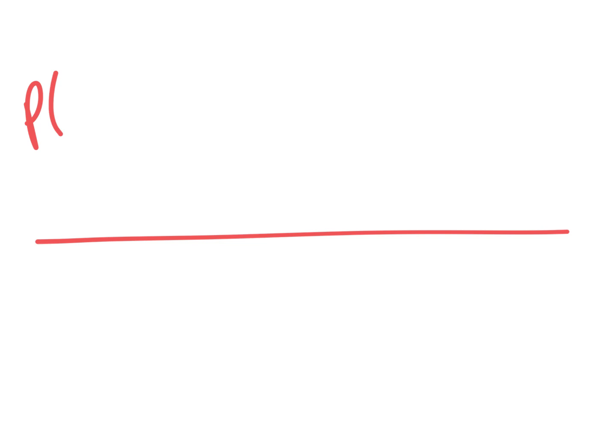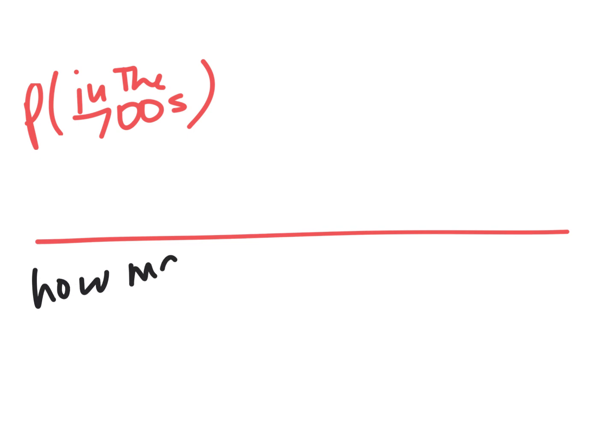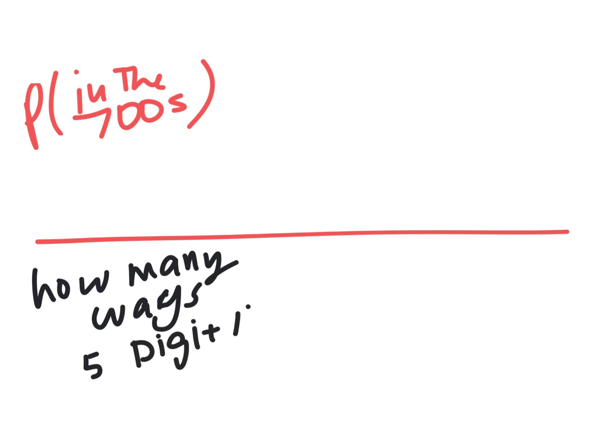Now there's a lot of different ways you could do this one. And I'm going to give you a different version of it before I even show you how to do it. This version of it is how many ways can you make a 5-digit number?